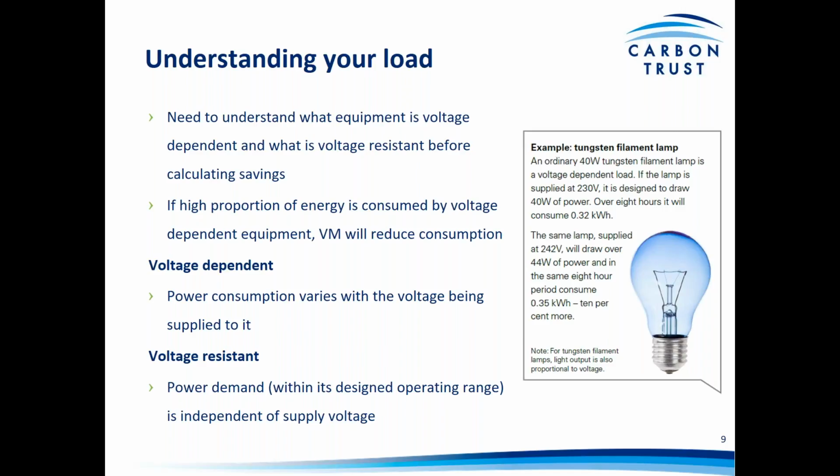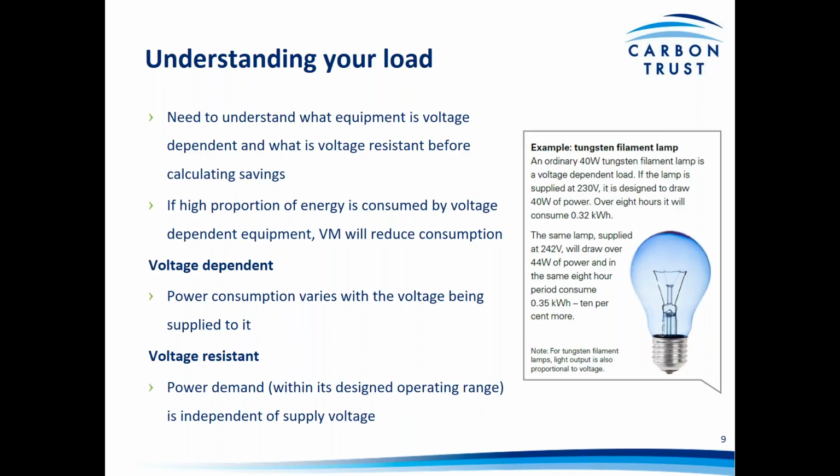And we've just given a brief explanation there on the screen as well. So just to clarify, voltage dependent equipment is that where the power consumption varies with the voltage being supplied to it, so it complies with that equation that we looked at earlier, whereas voltage resistant equipment is where the power demand within its designed operating range is effectively independent of the supply voltage.